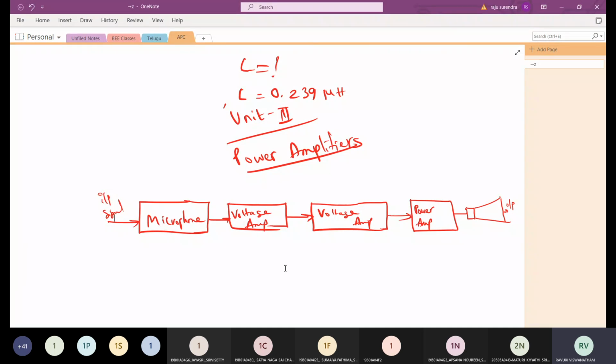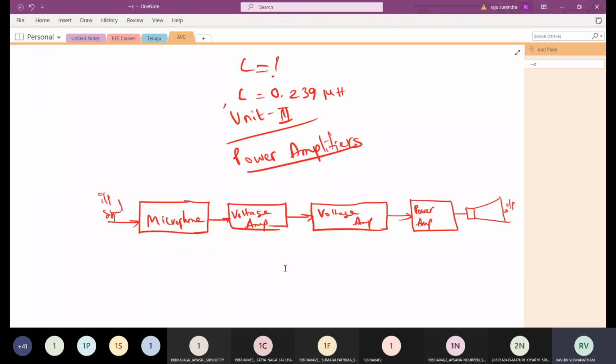Here there is a difference between the power amplifier as well as voltage amplification. There is a difference between those two. That's why we are discussing it as a separate theory as power amplifier. And the size of the power amplifier is also a little bit high compared with the normal transistor amplifier.